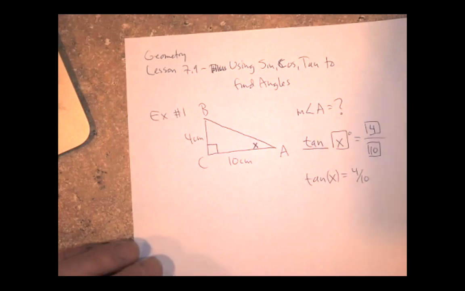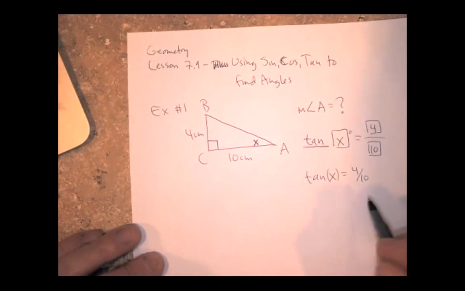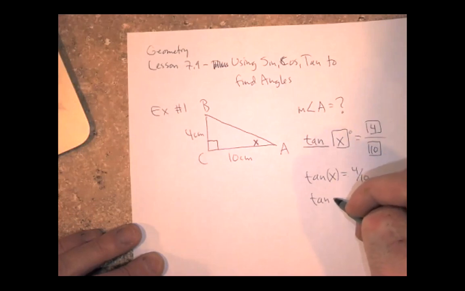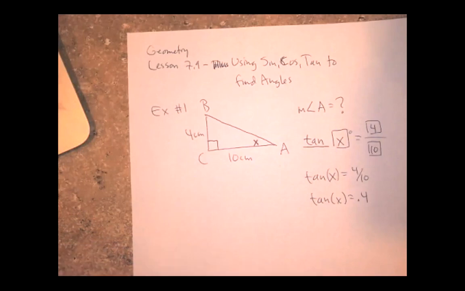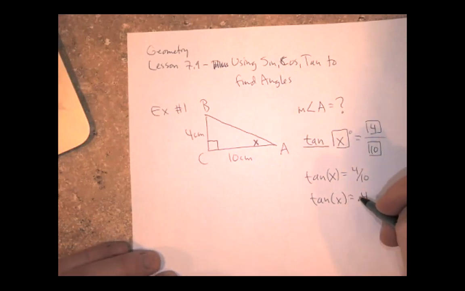So how do we solve that? I would say we're going to change this to a decimal. 4 divided by 10 is 0.4. And then we're going to do this thing called tan inverse. There are actually two ways you could do it. You could look down the tan column in your table, I don't have a table right here, and find the one closest to 0.4. But the way to do it with a calculator is called tan inverse.